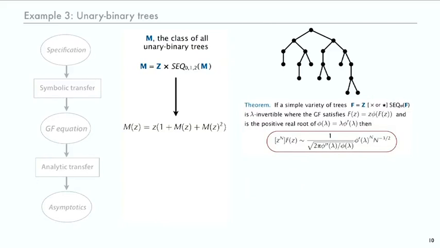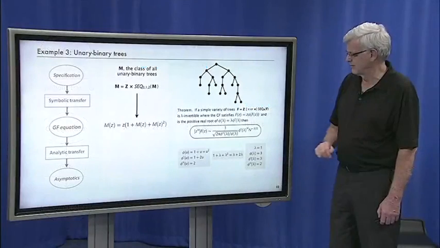So we identify the characteristic function, 1 plus u plus u squared, and compute the derivatives, 1 plus 2u and 2. The characteristic equation is you set phi of u equal to u times phi prime of u and solve. In this case, it's lambda equals 1 again. Then evaluate the characteristic function and its derivatives at lambda, and we get 3, 3, 2 in this case.